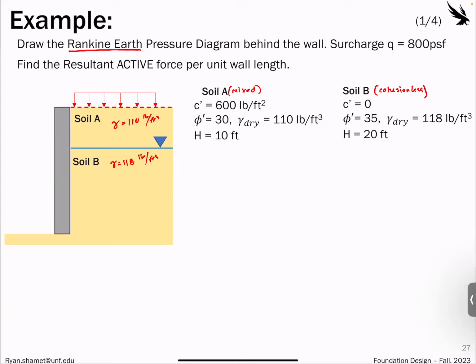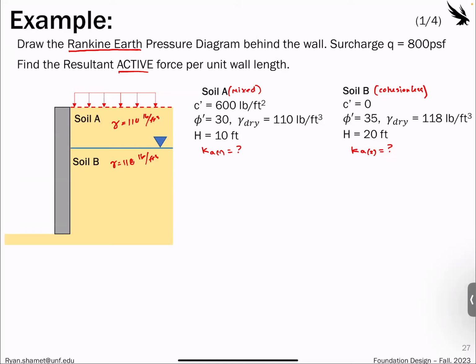So first, since it is active, we need to find the K active for this first layer, and then the K active for this second layer too. So both of them have friction angles.